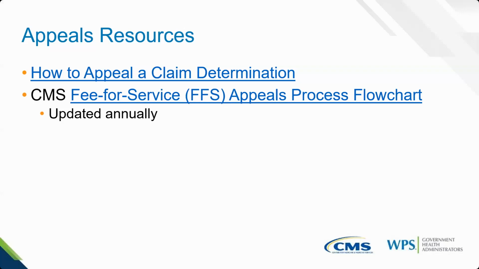It is updated annually. It is on CMS's website. So if we're coming to the end of the year and you are using this particular flow chart or referencing it, make certain you're paying attention to when CMS updates that document, so that if those amounts in controversy change, you have the most current information based on your date of service, of course.